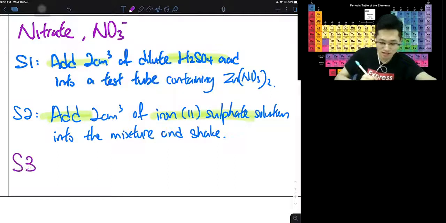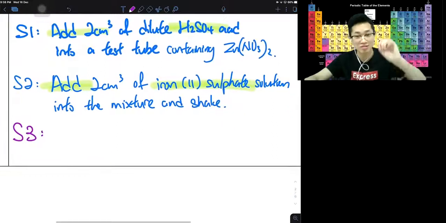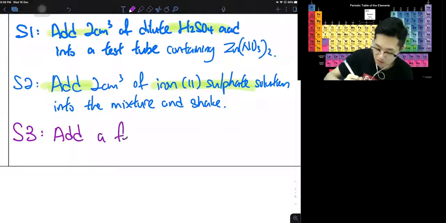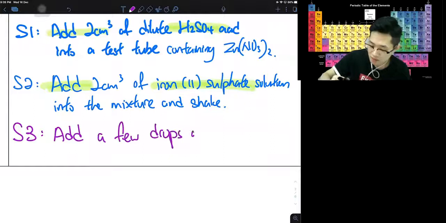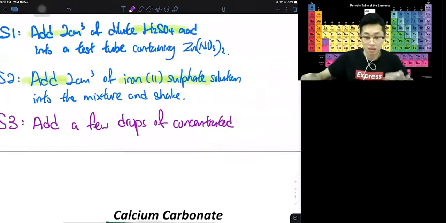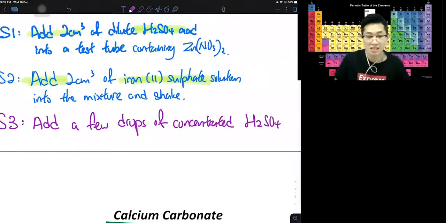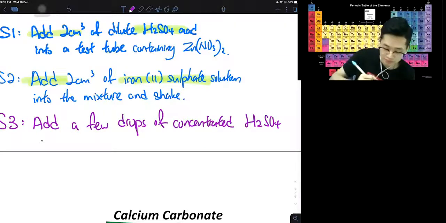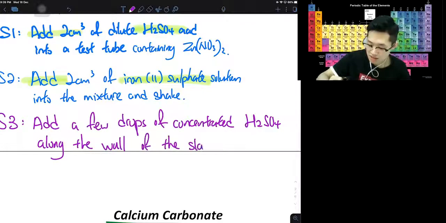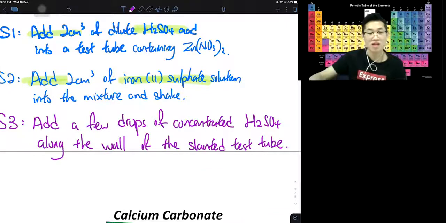Step 3, be careful. Step 3, you have to add a few drops of concentrated sulfuric acid along the wall of the slanted test tube.